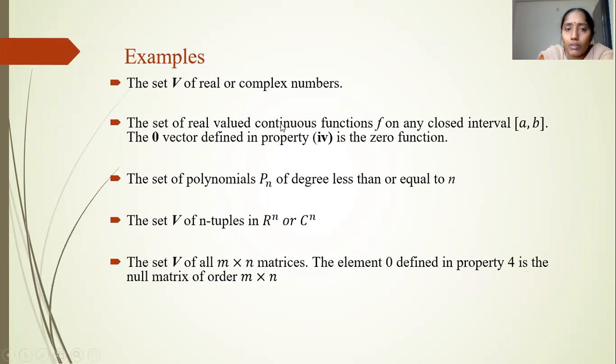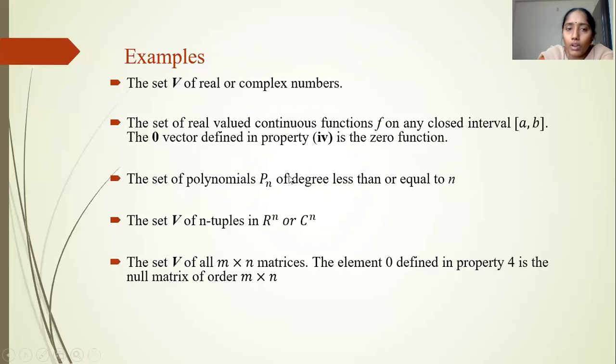The set of real valued continuous functions f on any closed interval a, b, where the zero vector defined in the property is the zero function.